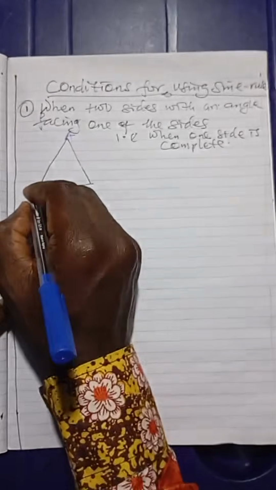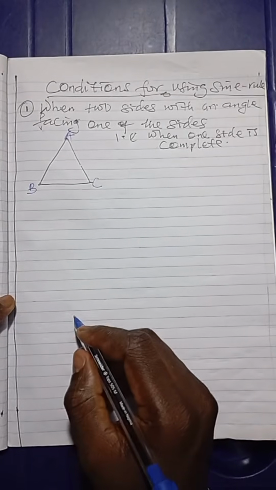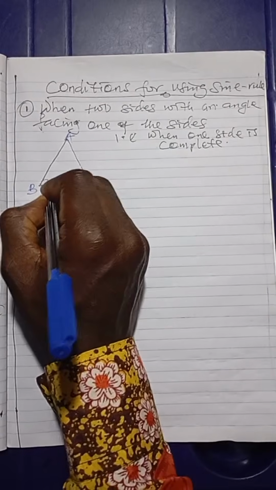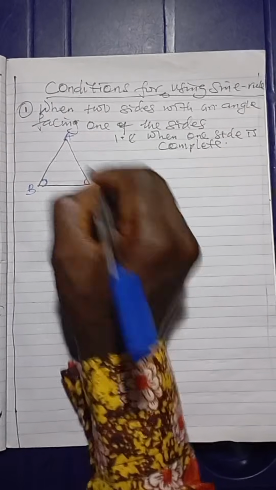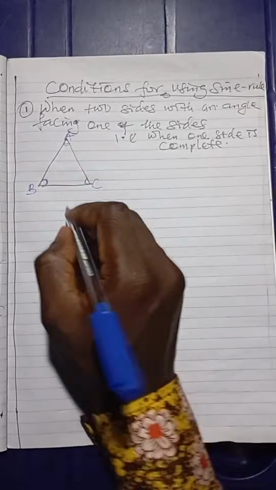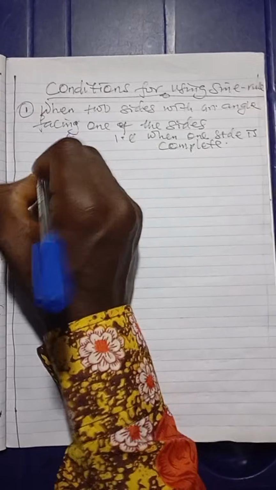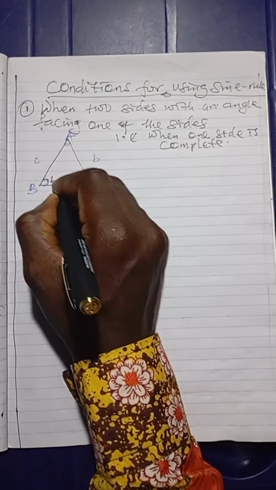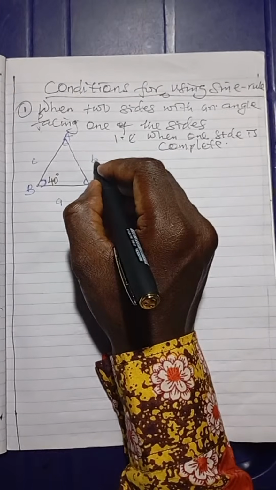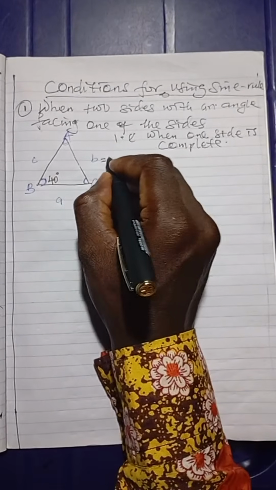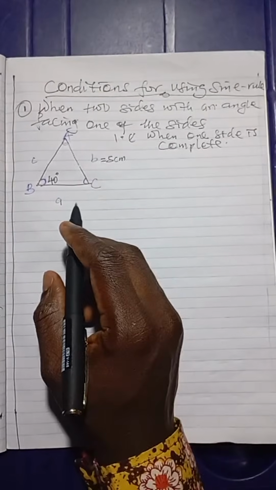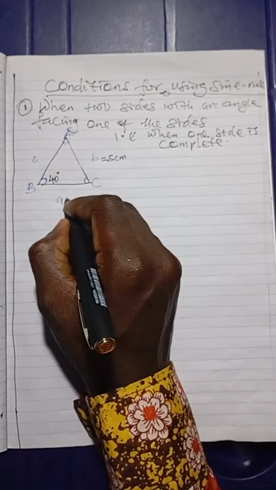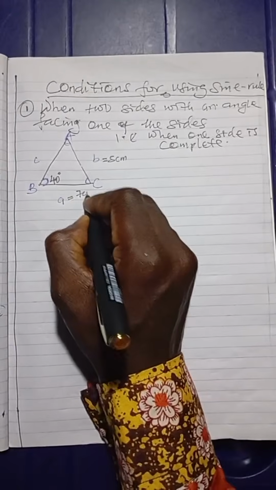So assuming you have A, this is A, you have B, you have C. And this is your small a, this is your small c, and this is your small b. So if there is an angle here, let's say here is 40 degrees, and b was given as, let's say, 5 cm, and the other side a is equal to 7 cm.